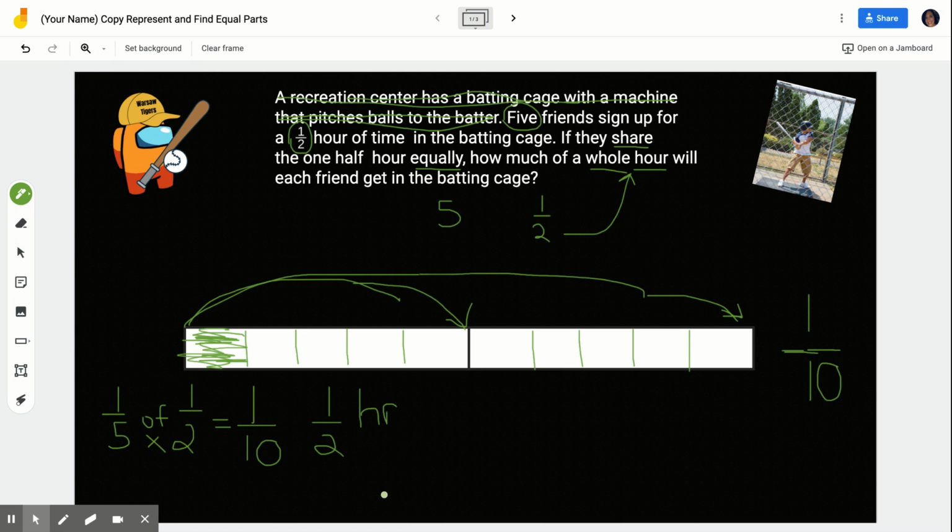So hopefully your mind is not blown that we used a multiplication sentence or a multiplication equation to solve a division problem. Hopefully you're remembering now, because you hear me say it all the time since the beginning of the year, that multiplication and division are inverse, meaning they're closely related, which means one is the opposite of the other, and you can always use one to solve the other.